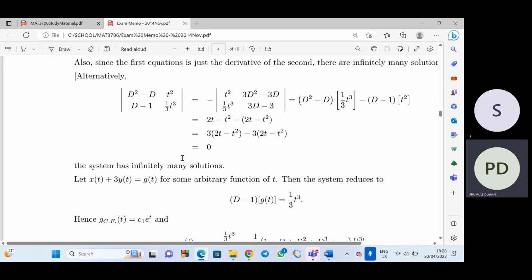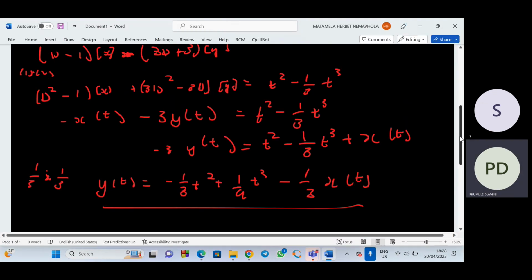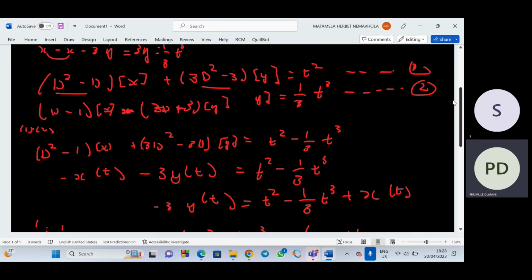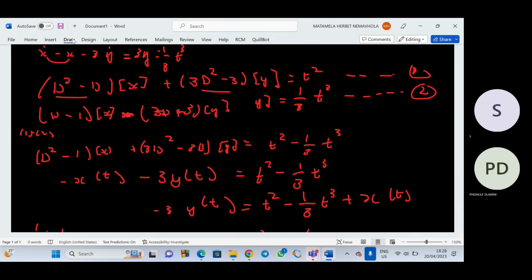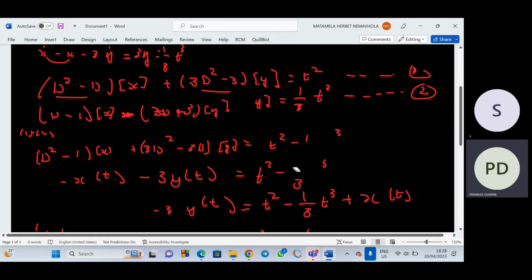I'm going to work it my own way, according to how you're supposed to do it. Let me just check what I did there. The way I did it here gave us 1 over 3 t, 1 over 9, which is not the same as that one. So I'm going to use a different way. Let me just erase this part.